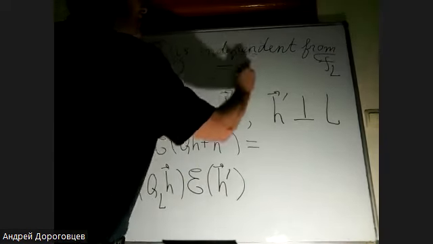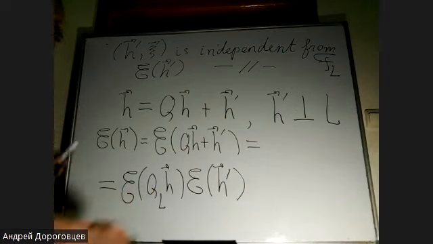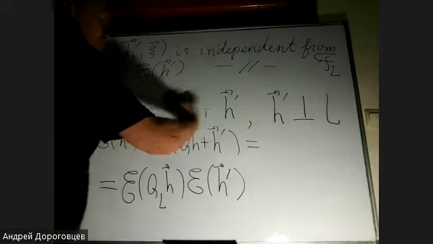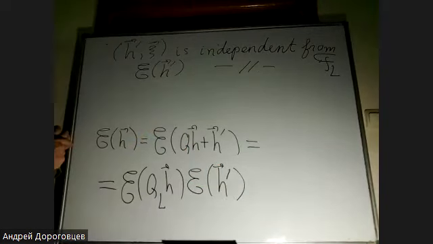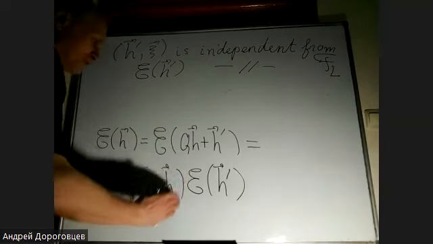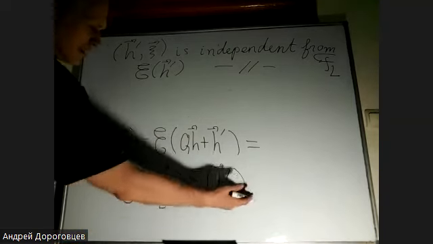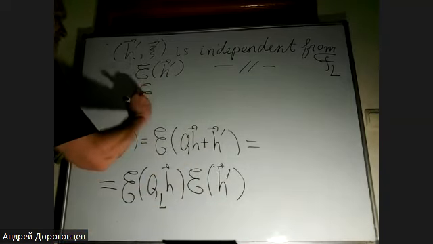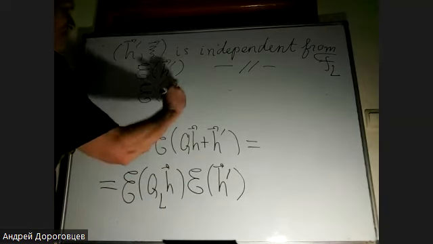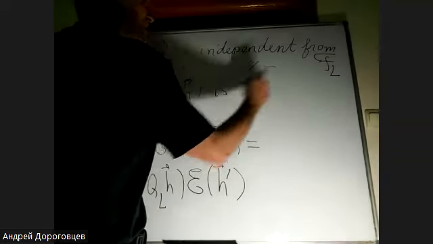It is also independent from the sigma field F_L. From the other side, this one is measurable. So finally, I can say that we split our stochastic exponent into the product of two stochastic exponents, where one is independent and another one is measurable with respect to F_L.